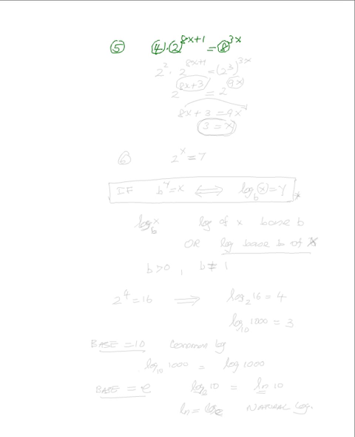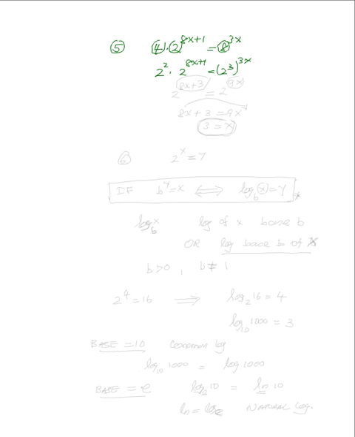We can think about a common base. 4 can be written as 2 to the second power, and 8 can be written as 2 to the third power. So with 2 as our common base, we have 2 to the second power times 2 to the power 8x plus 1 equals 2 to the third, to the power of 3x.